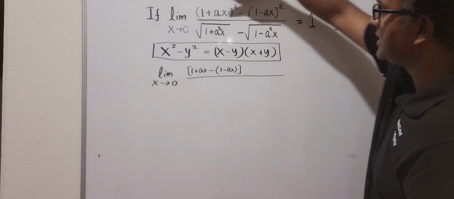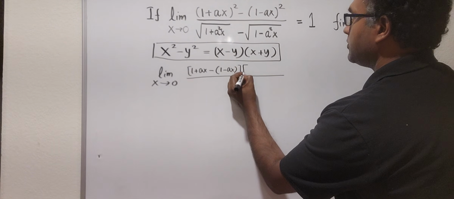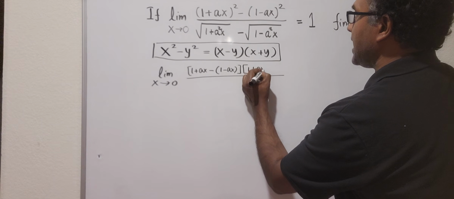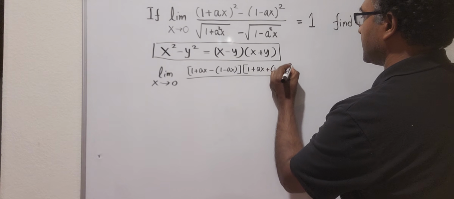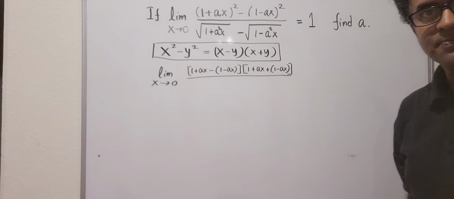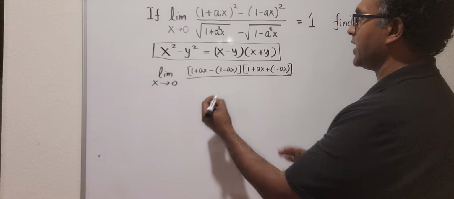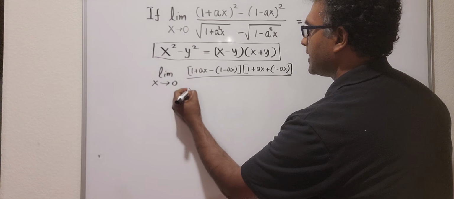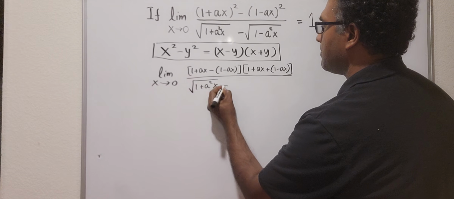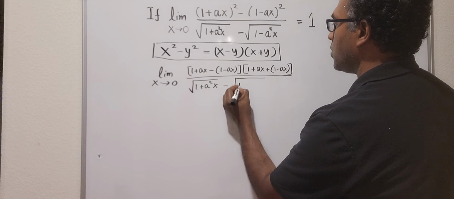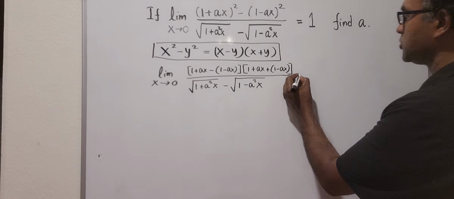And then the addition of these two, which is going to be 1 plus ax plus 1 minus ax. That's how you get the numerator. And then the denominator, I'm going to just write it for now as is: square root 1 plus a squared x minus square root 1 minus a squared x. And this entire thing is still equal to 1.